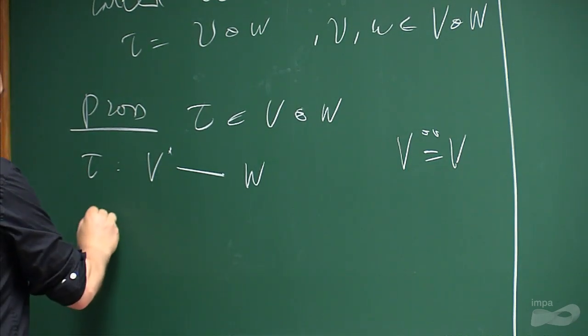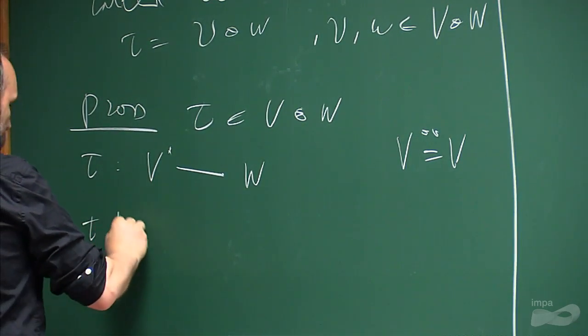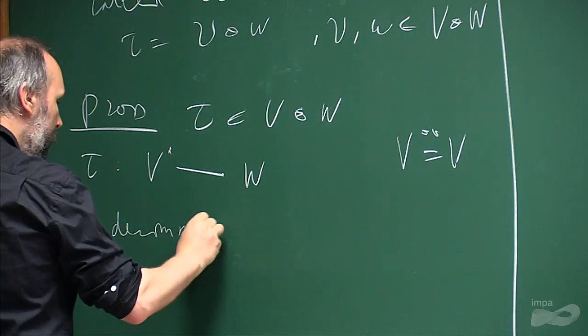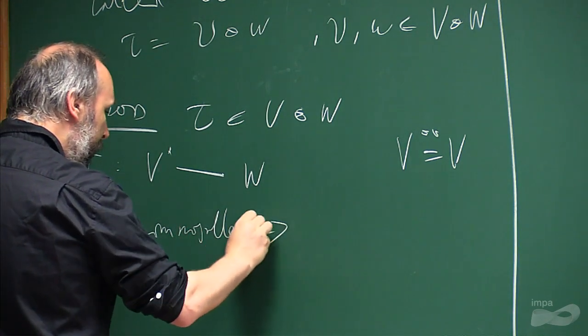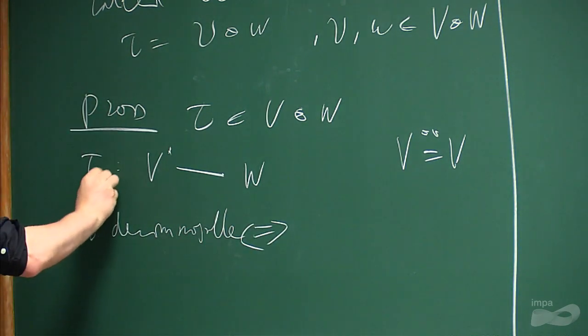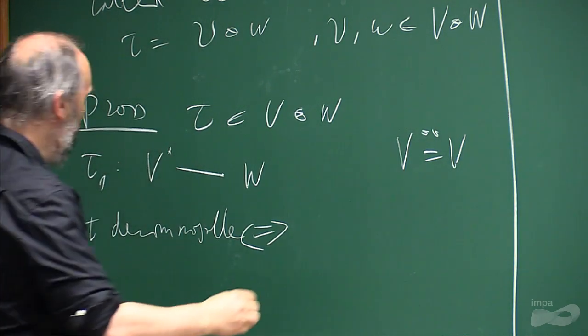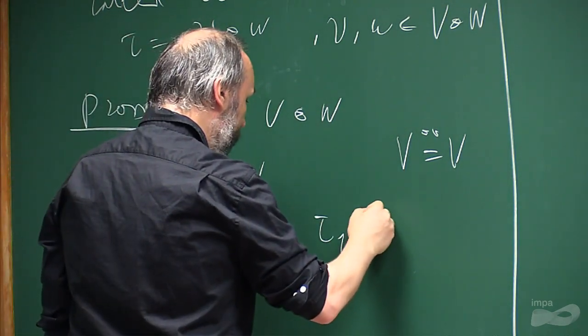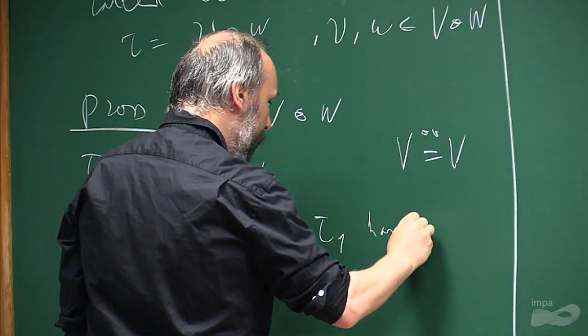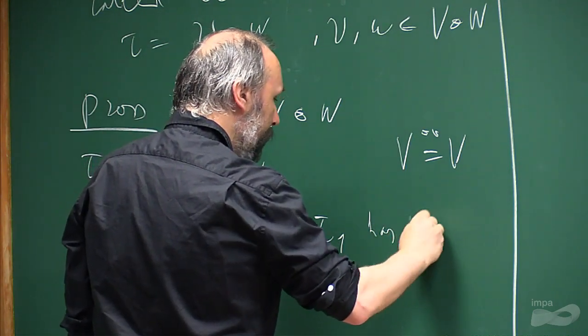Then tau is decomposable if and only if, let's call this map tau 1, for instance, to distinguish it from tau, tau 1 has rank 1, so one-dimensional image.